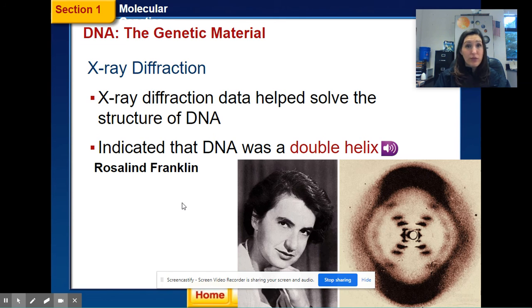It puts out a lot of radiation. Unfortunately, she takes so many X-rays that she ends up giving herself cancer. They didn't know that cancer was caused by radiation. So she ended up dying at the age of 37, which is really terrible. But she took this picture.